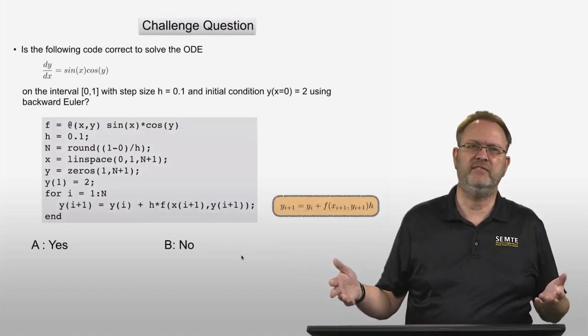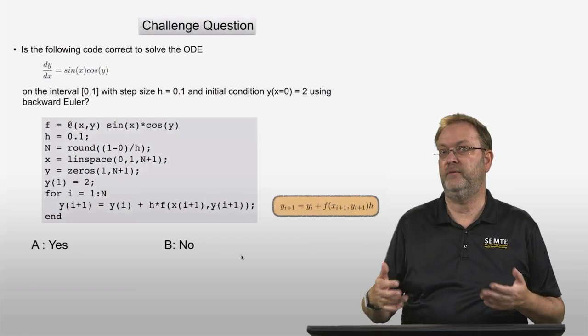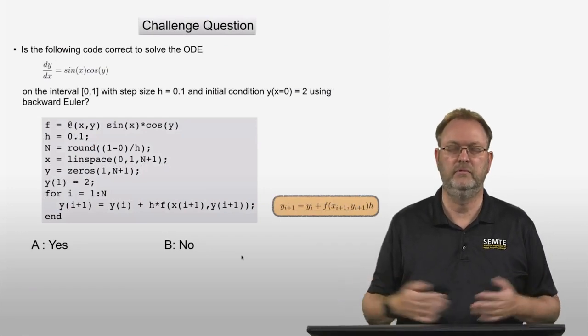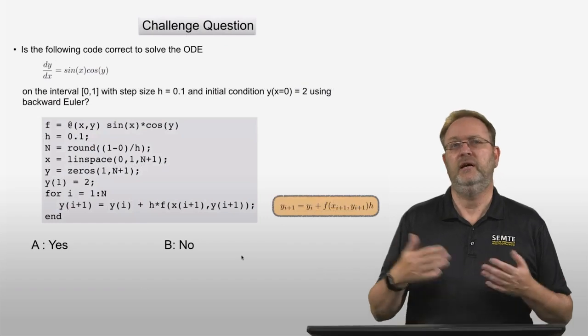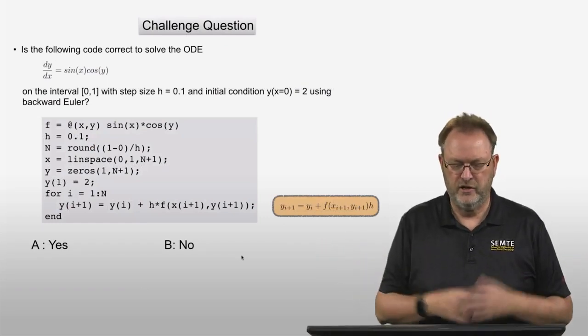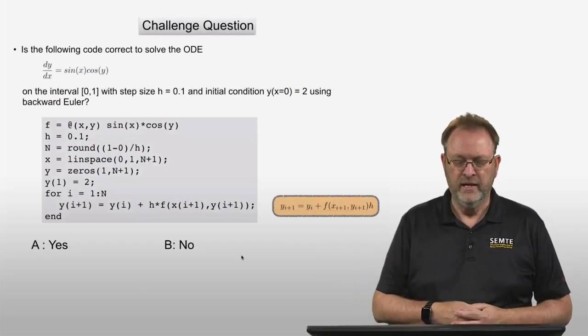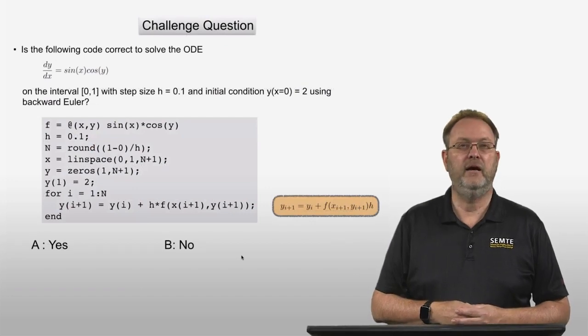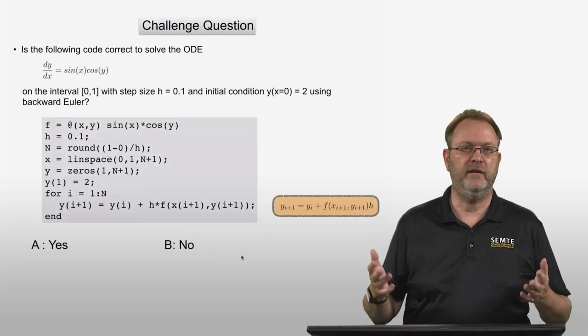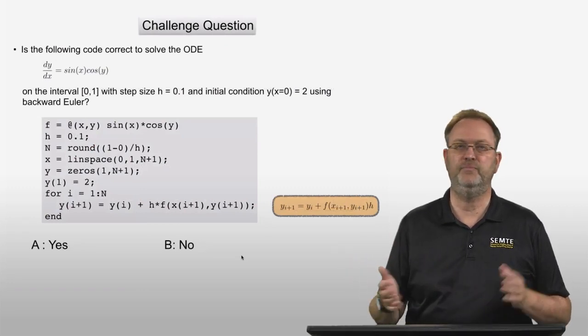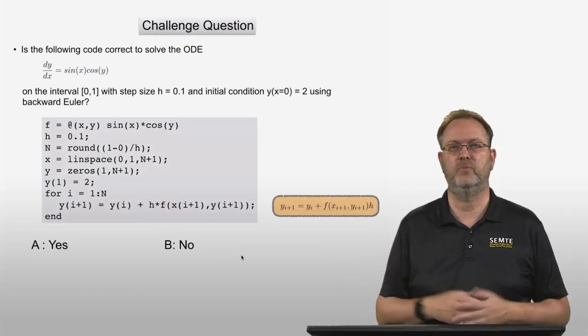Now the rounding is necessary, right, because of finite precision that we have when we do these operations with double precision numbers, and the number of steps should be an integer, a whole number. Then with the linspace command, I can set the values of the independent variable equally spaced between 0 and 1 using n plus 1 points, right?